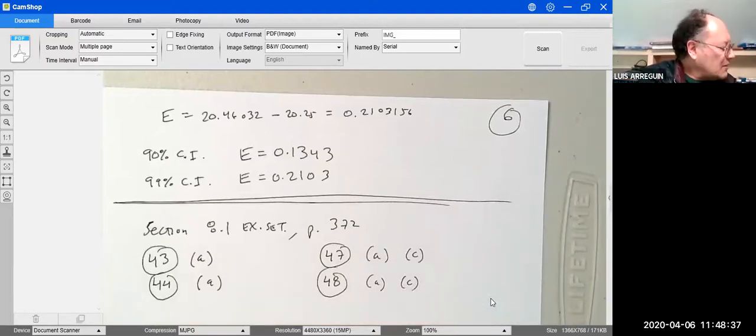I'm going to project now 43 and 44 for you to see them.